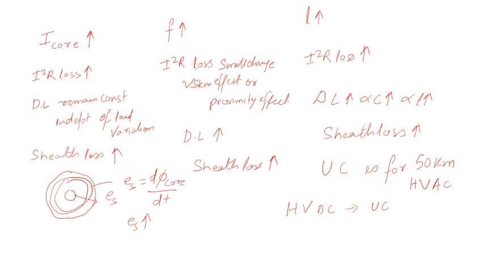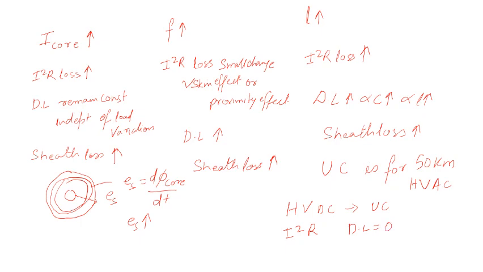Here the I square R loss will be very less, or you can say it is not that dominant. Dielectric loss will be completely zero, because frequency will be zero.